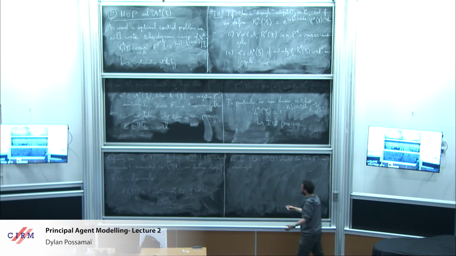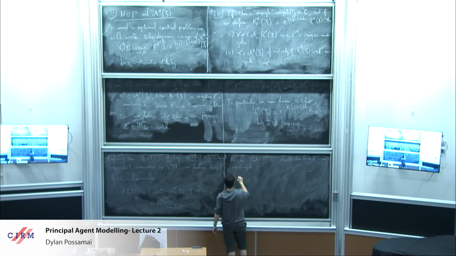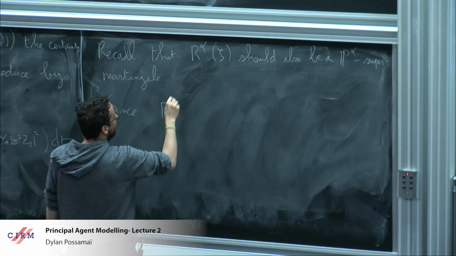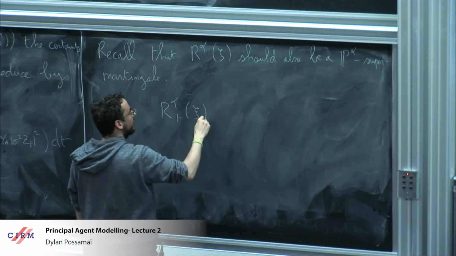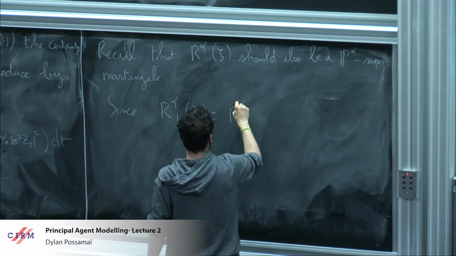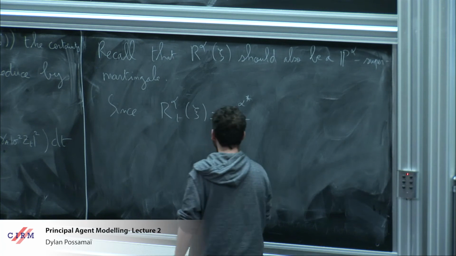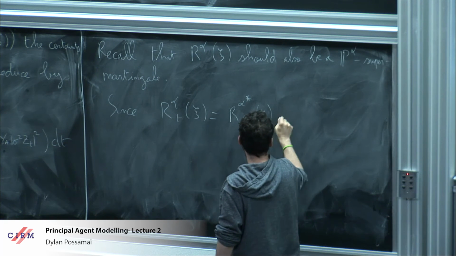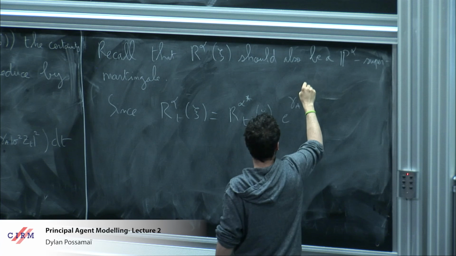The answer is yes. Because if you just look, R alpha t is just R alpha star t times exponential gamma a.